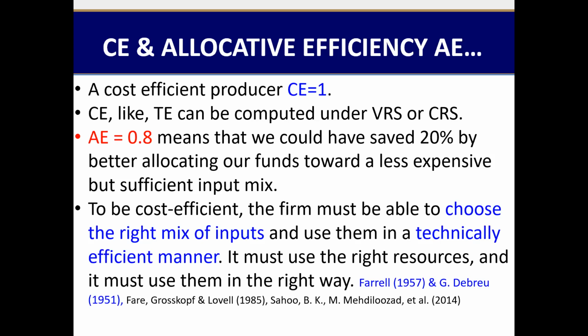When you are using the inputs well, that is technical efficiency. Sometimes we say: use the right resources and use them in the right way. Use the right resources, that's allocative. And use them the right way, that's technical.